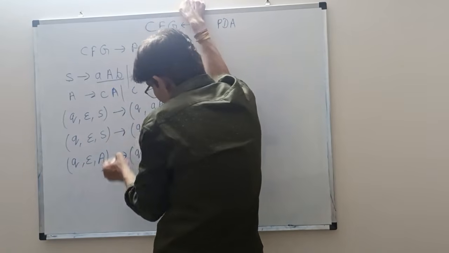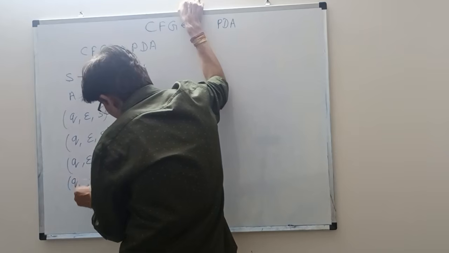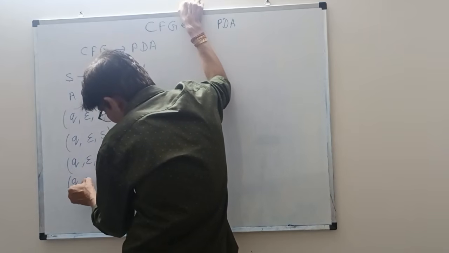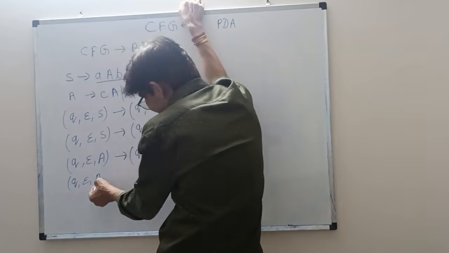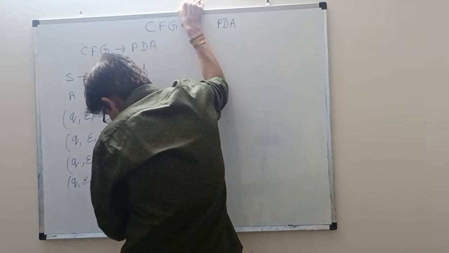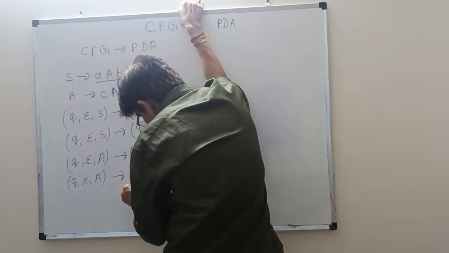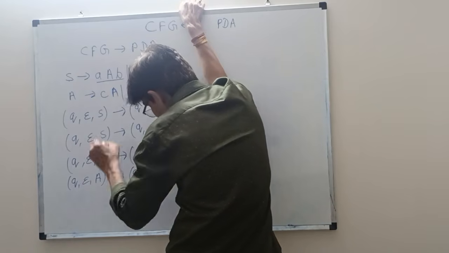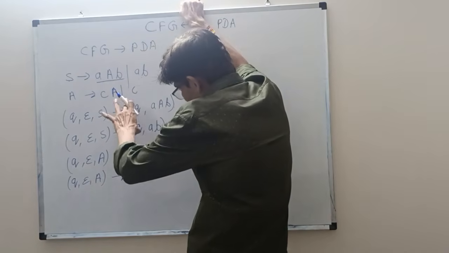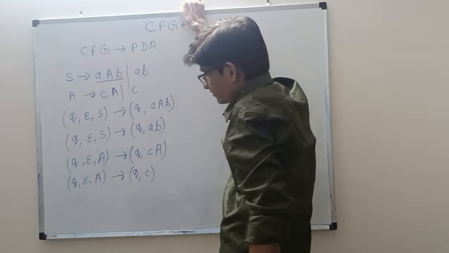And then here also, I'm in Q, reading epsilon again, the stack top is capital A, so I will stay in Q again and push this C into the stack. Now I have converted all productions into corresponding transitions.